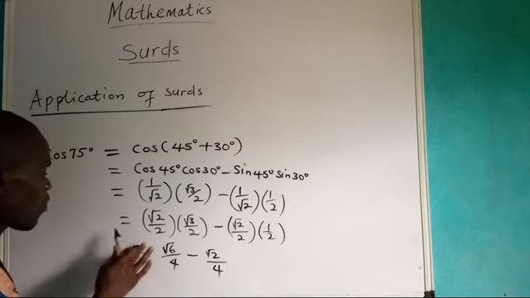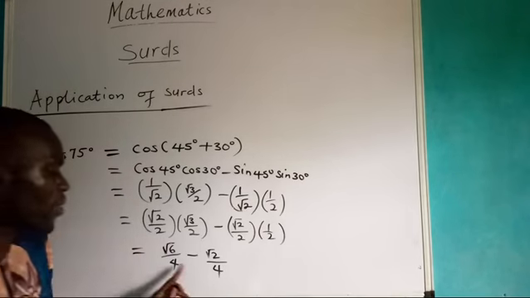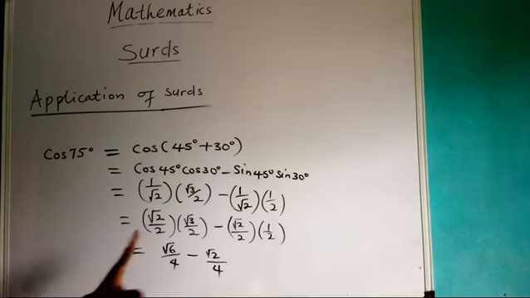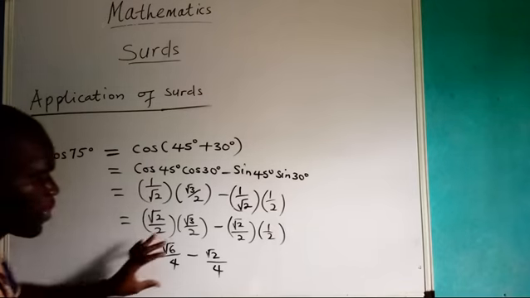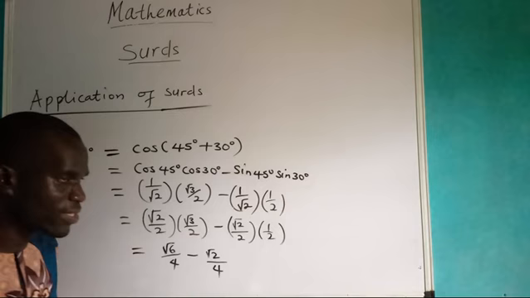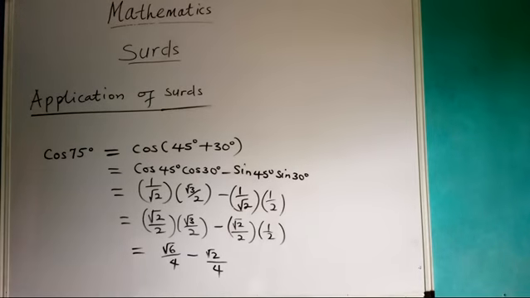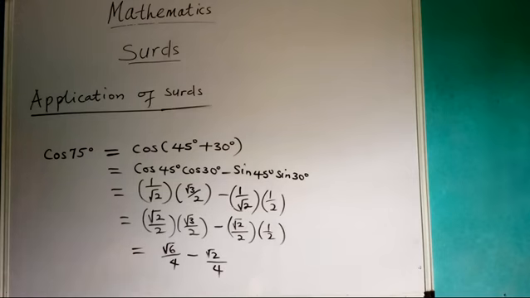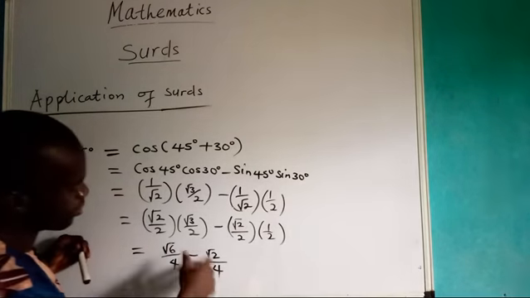We can still move forward. Here we have fractions. Remember, I told you before, whenever you are dealing with two or more fractions with a negative sign or addition sign in between, you simply take the LCM of the denominators and use that LCM to simplify the fractions.